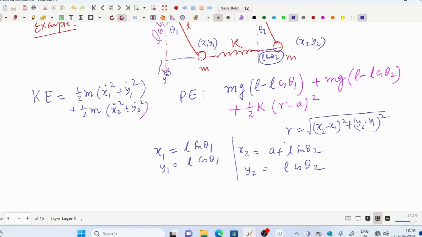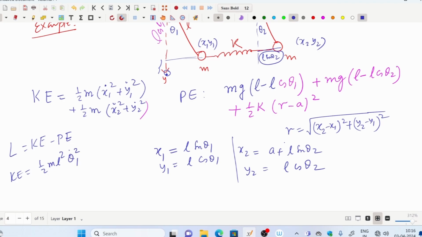So, let us calculate. The Lagrangian is your kinetic energy minus potential energy, for sure. Let us calculate the different terms. For example, the kinetic energy term, x1 dot square plus y1 dot square. It is very simple. The kinetic energy term will be half m L square theta 1 dot square.